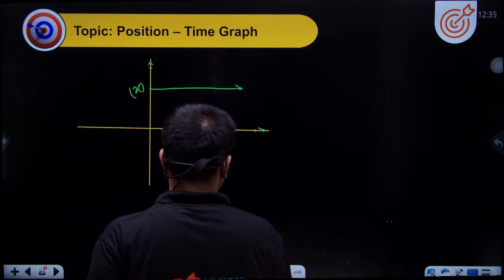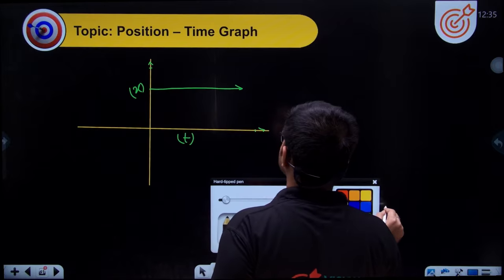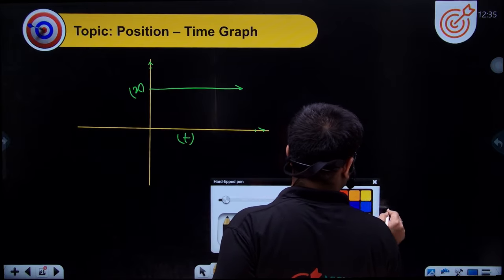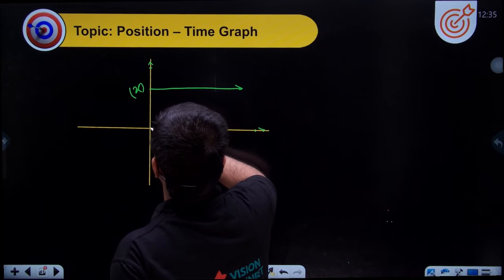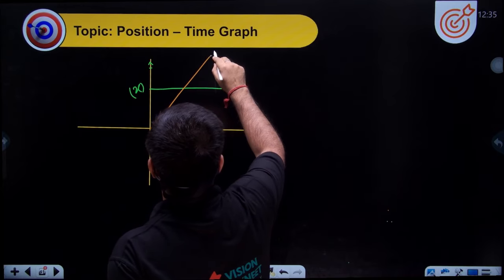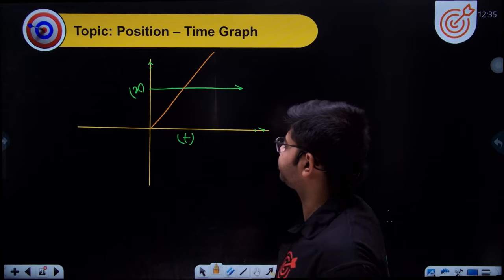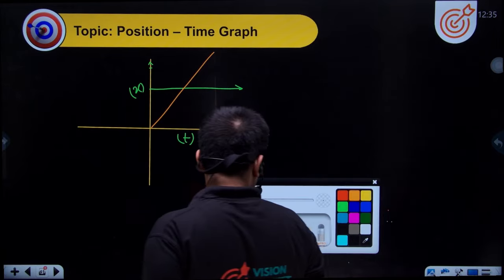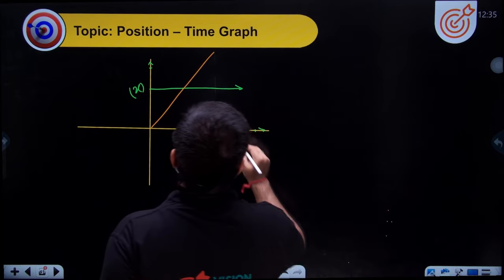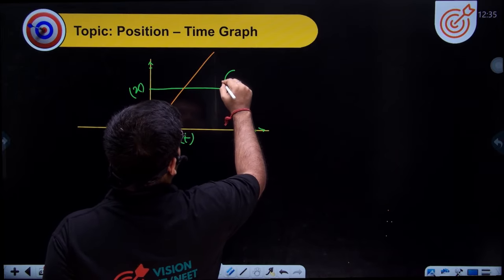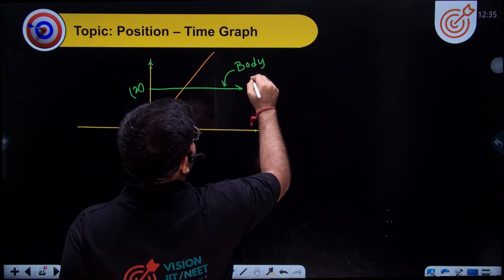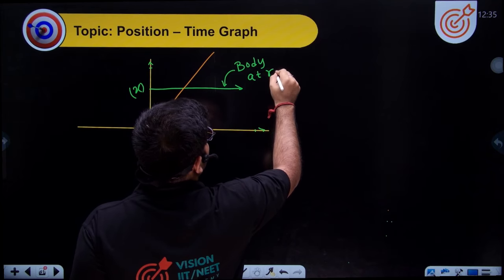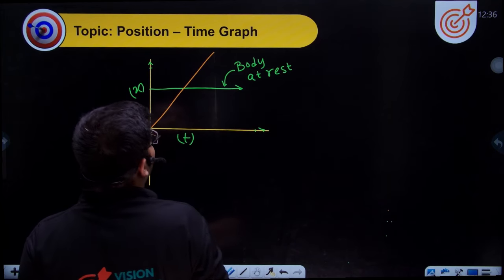Let us see. Now the plot is going to be something like this. So here when I talk about the rest, this is the body at rest.